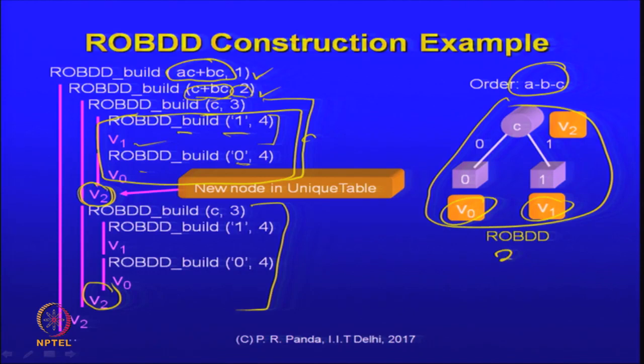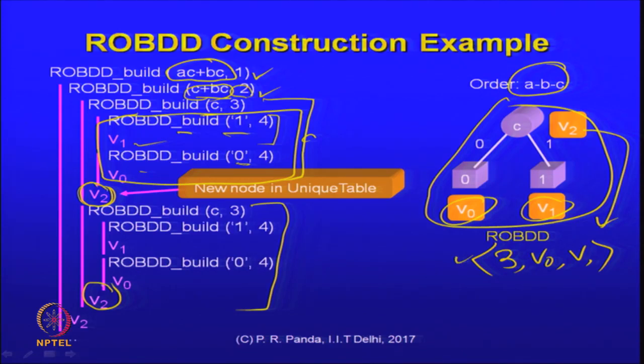I have C's index is 3, I have V0 and V1, that is my tuple. Right. So, this was inserted the first time, that was my V2. Second time when I look up, I will find this index in the hash table.